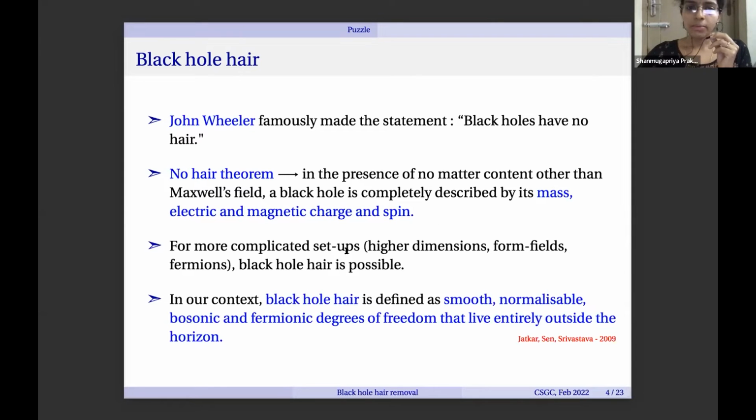However, for more complicated setups like higher dimensions, presence of form fields and fermions, black hole hair is indeed possible. Jatkar, Sen and Srivastava in their 2009 paper titled Black Hole Hair Removal: Nonlinear Analysis, defined black hole hair as smooth, normalizable, bosonic and fermionic degrees of freedom that live entirely outside the horizon. And it is this definition of black hole hair that we will also adopt in our context.